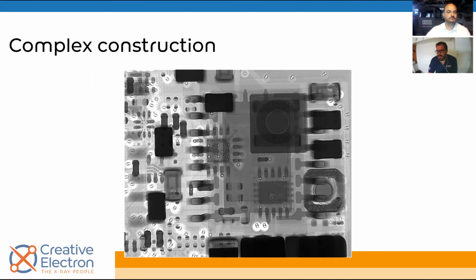You just have to concentrate on the most important components at a time. So like in this presentation, we're looking at voiding on QFNs, and there's a lot of voiding on the QFN right in the middle. There's another one here on the right. There's a couple of big voids in there, but to automate this process is going to be very difficult.